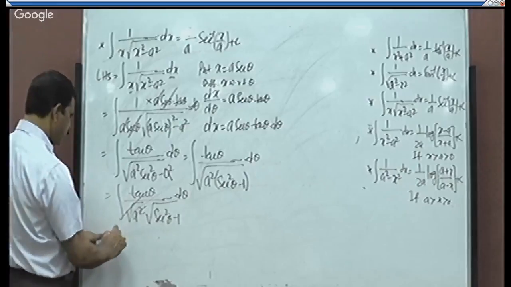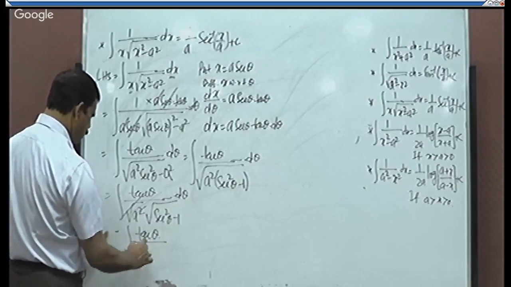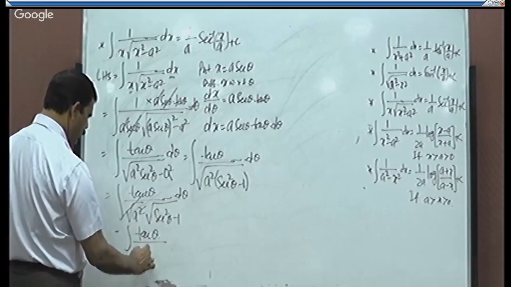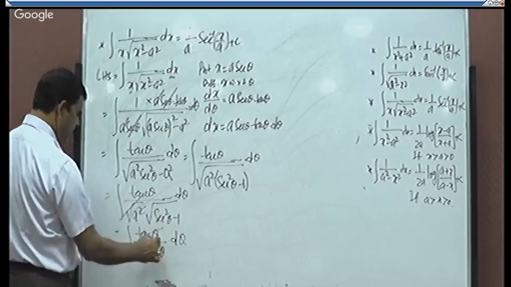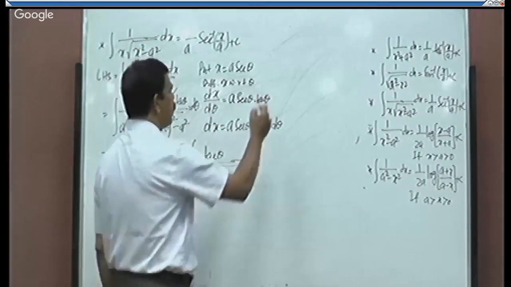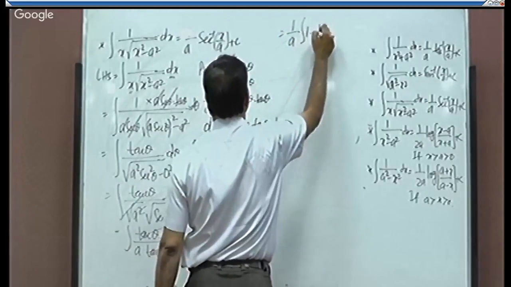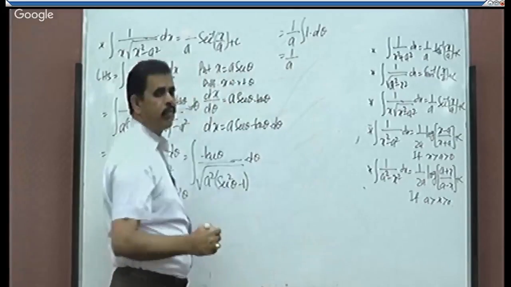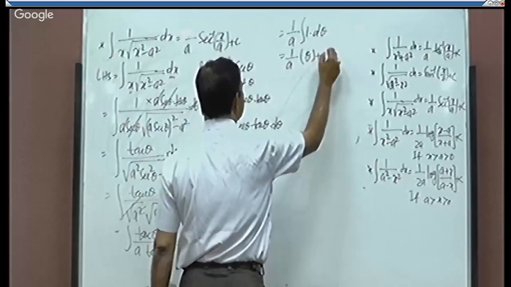Then it becomes tan theta divided by a into root of secant square theta minus 1, which is tan theta, into d theta. So tan theta gets cancelled. What is remaining? 1 by a into 1 into d theta. That is 1 by a into integration of 1 with respect to theta, which is theta plus c.